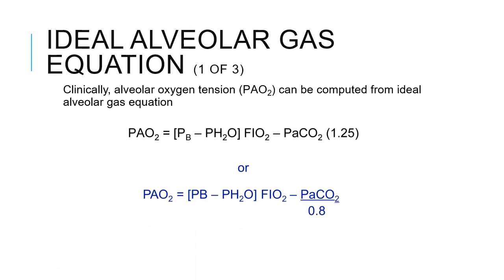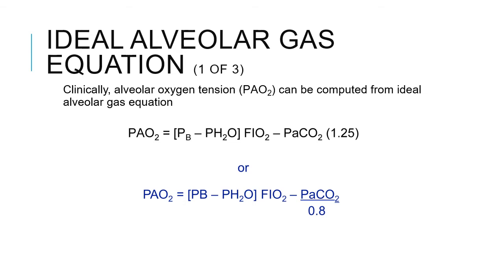Clinically, the alveolar oxygen tension, or PAO2, can be calculated from the ideal alveolar gas equation. This is a useful clinical approximation of how much partial pressure of oxygen is actually in the alveoli.